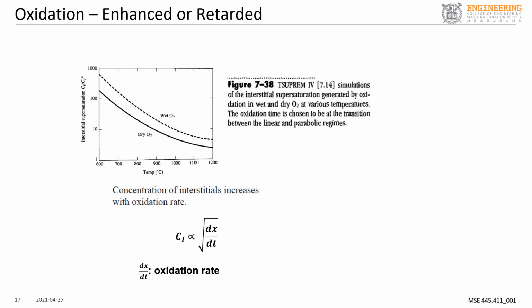So what's the actual value, like typical value for this ratio, right? The concentration of interstitials over the equilibrium concentration. So they can change with a different oxidation method because the concentration of the interstitials will be proportional to the square root of the oxidation rate.